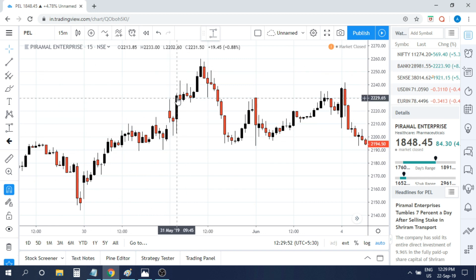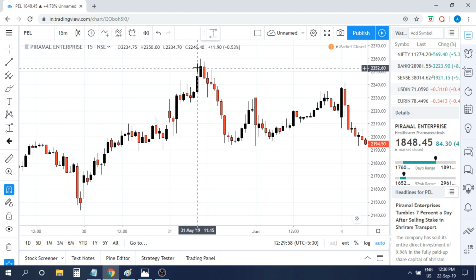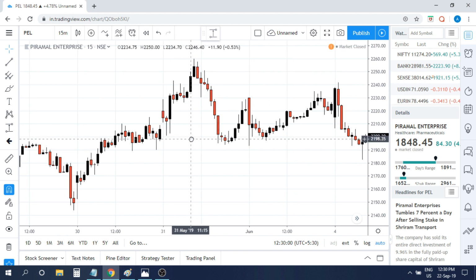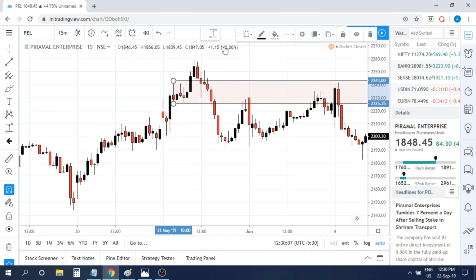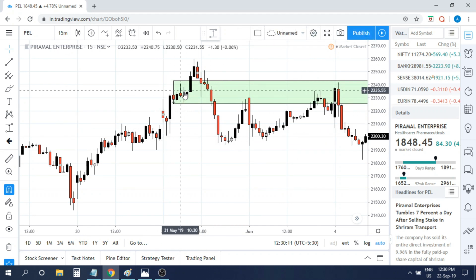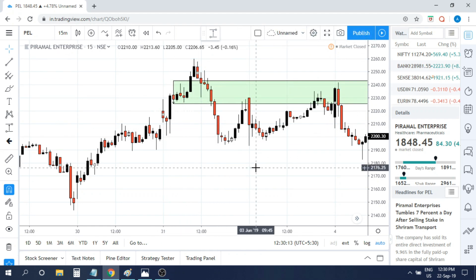Then it makes a final rally, base, another rally. This is a nice pole, a flag and a pole again. Price comes down here, breaks this rally-base-rally.